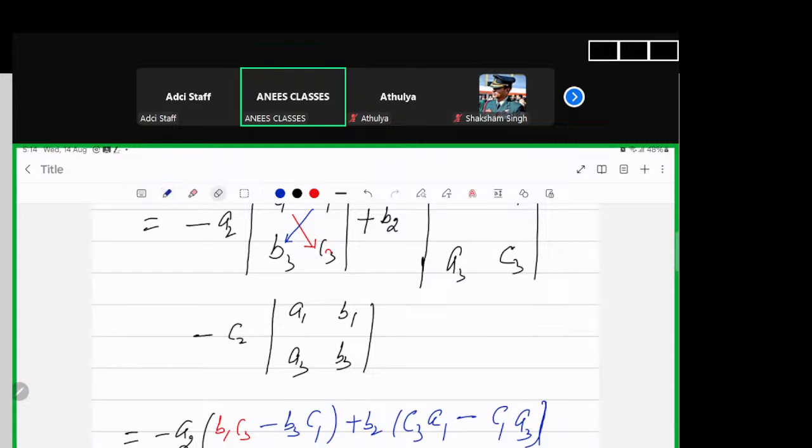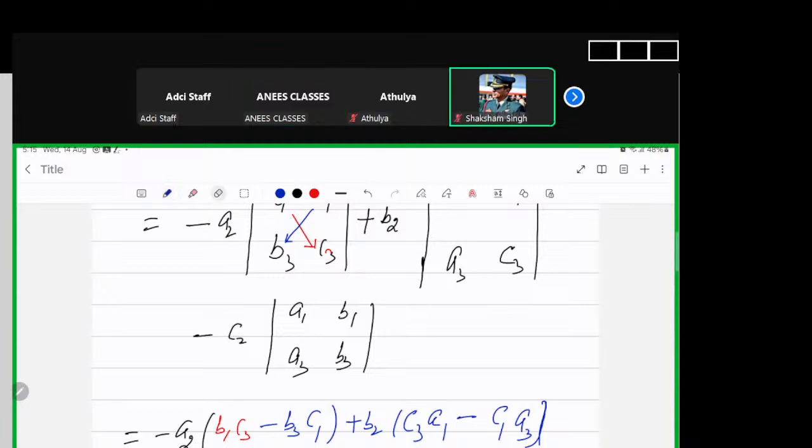C2 I have to write. Here you will get A1 B3, A1 B3 minus A3 B1. Understood?